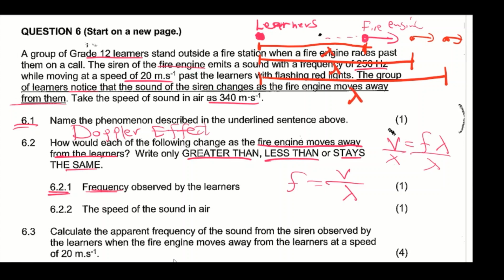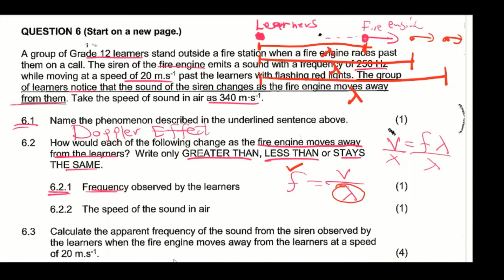So the bigger this lambda becomes, the smaller the frequency, right? It means that you will hear the sound less and less the more the fire engine moves away from the learners, because of sound waves.